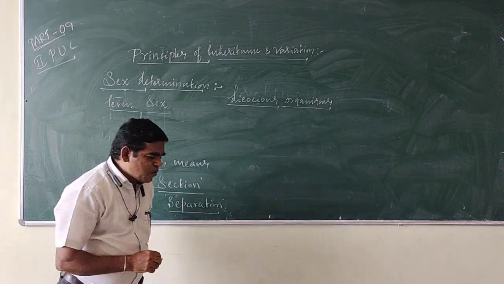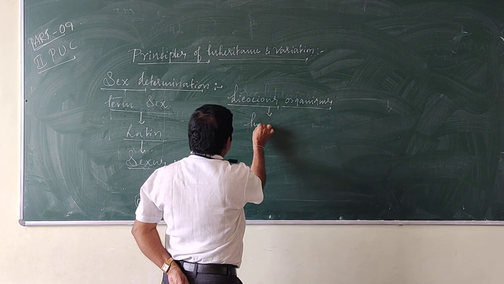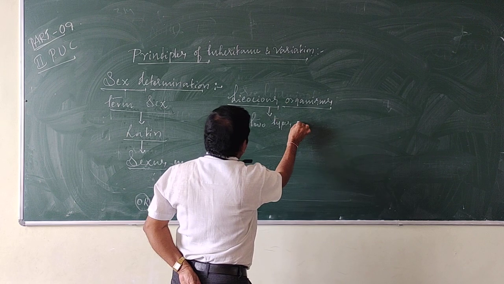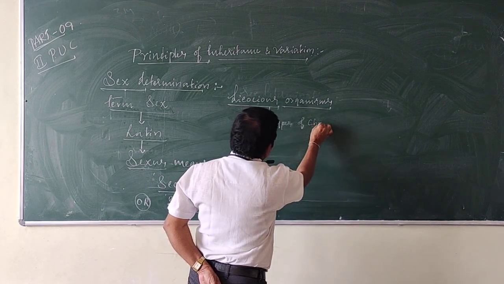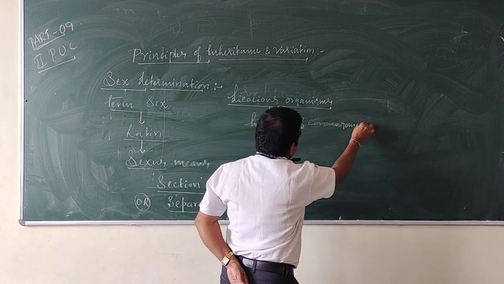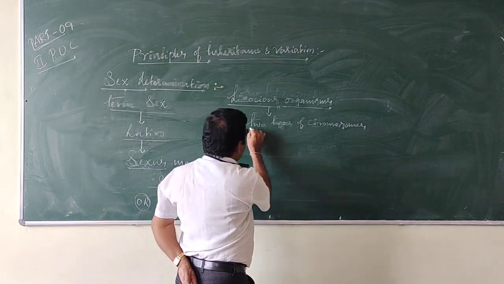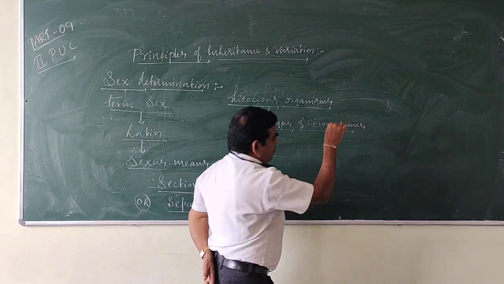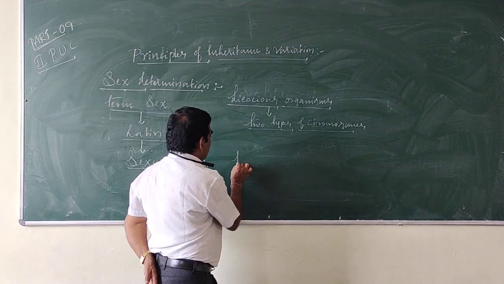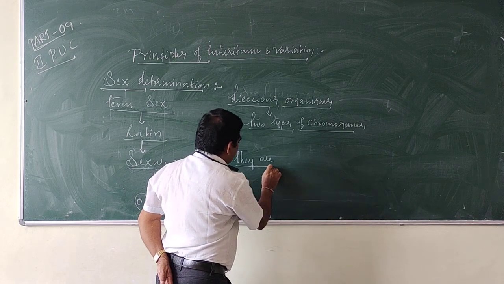In dioecious organisms, two types of chromosomes are produced.